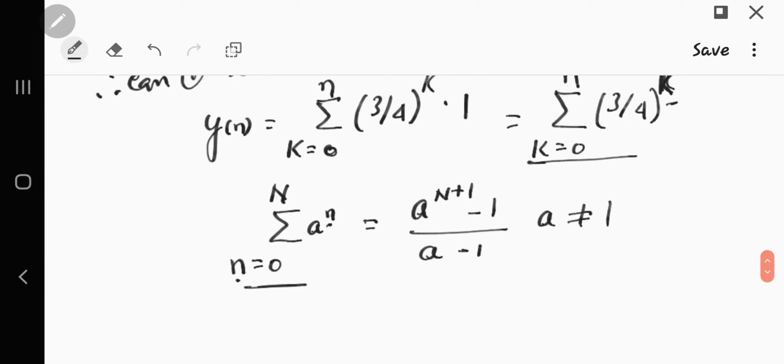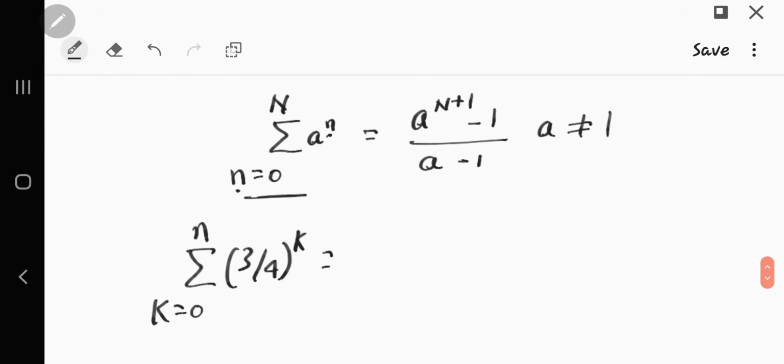Now using this, I am writing this expression: summation k is equal to 0 to n, 3 by 4 to the power of k. So this becomes what? I am applying the series. In place of a, I have 3 by 4. We have capital N, we have small n here. I am just writing the same term whatever we have.